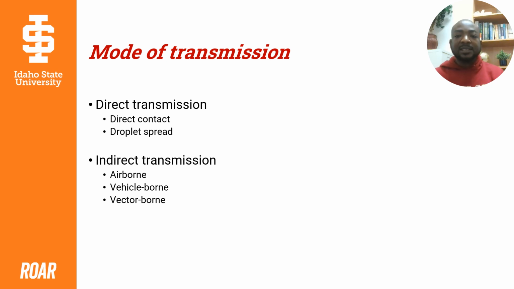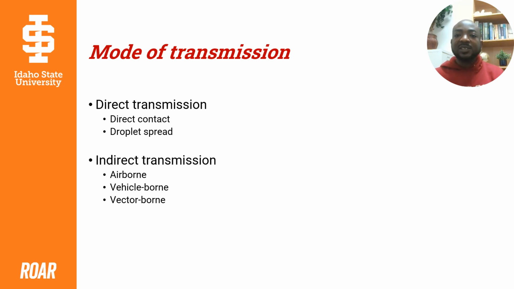Droplet spread is classified as direct because transmission is by direct spray over a few feet, a short distance before the droplets fall to the ground. Pertussis and meningococcal infections are examples of diseases that are transmitted from an infectious patient to a susceptible host by droplet spread.